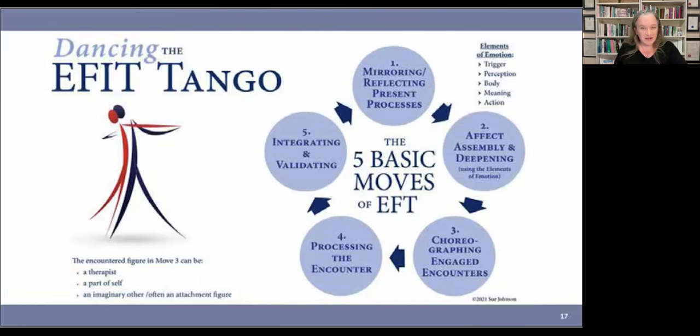In move one of the EFIT Tango, we mirror and reflect Frank's present process. What this might look like in an initial session is asking Frank to tell us about his experiences of depression, listening as he describes the way depression unfolds for him. When it hits, he retreats to his bed, he stops doing the things that he usually does, and he notices his mood sink.